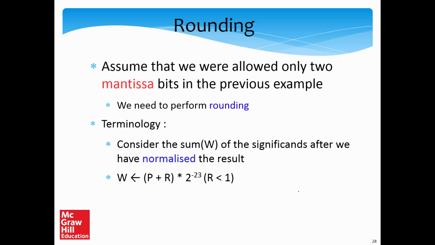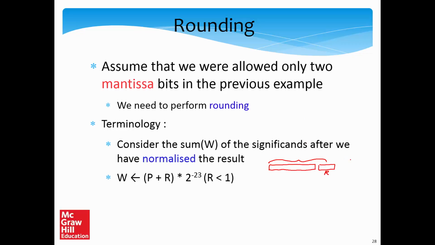The spirit of this equation is as follows, that in the course of our algorithm, we will produce intermediate results which are more than 24 or 25 bits, can even have 40 bits. So they will have a certain significand part which is of the form 1 point something, and then they will have a certain residue part.